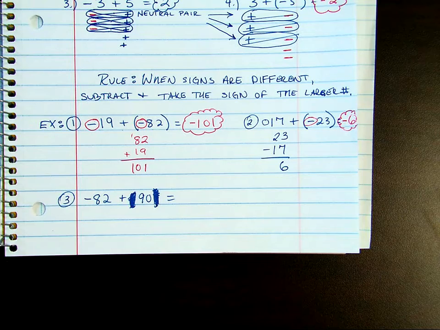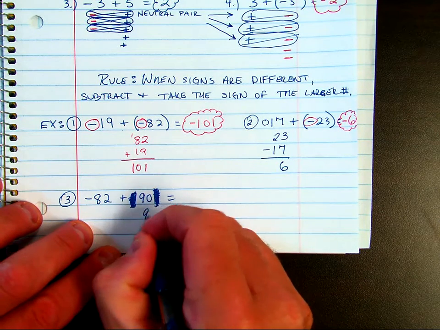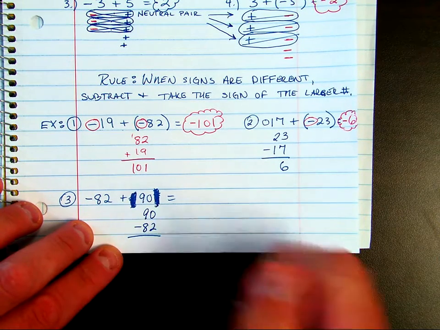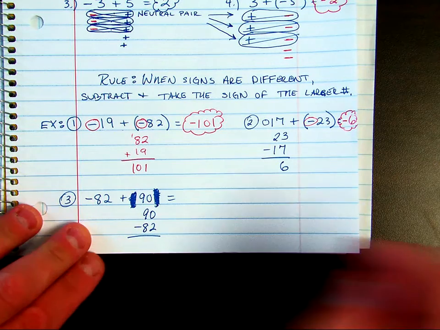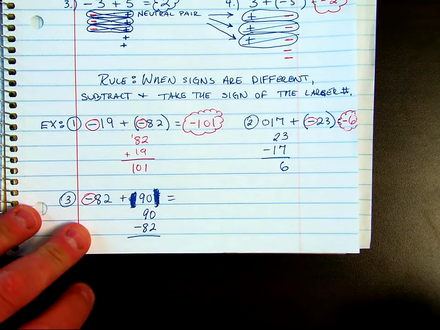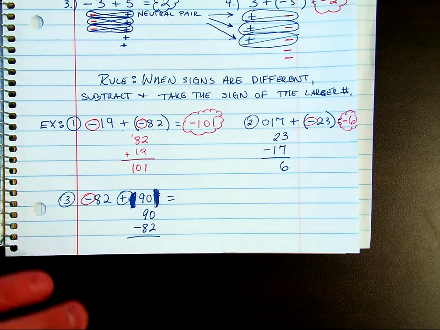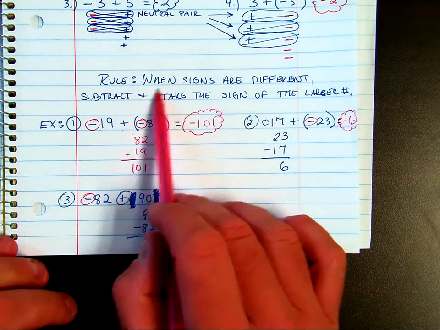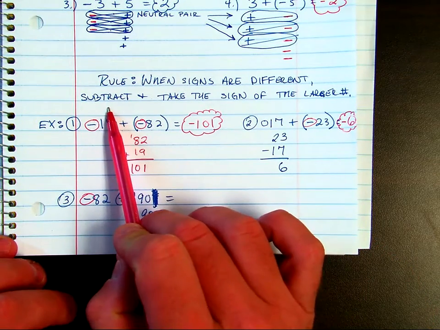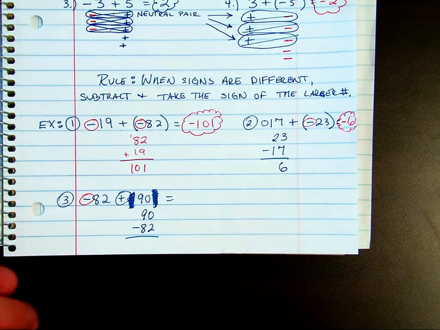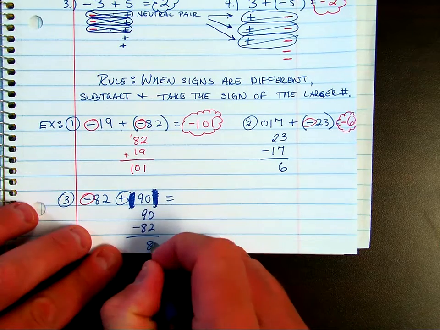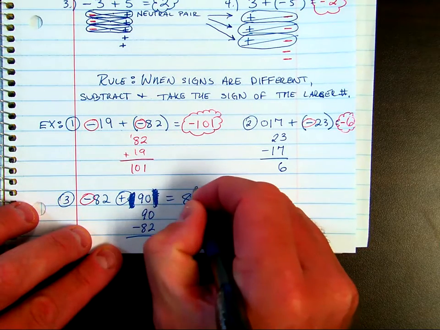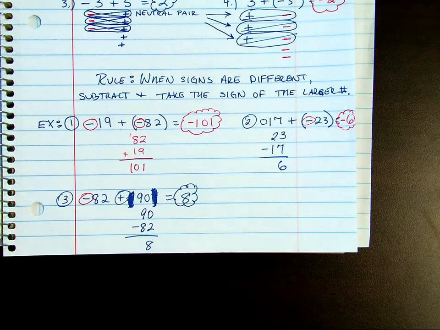Why are we going to subtract them? Right, I have a negative here, and then this 90 is positive. The signs are different. It says right here, when signs are different, subtract. And 90 minus 82 is 8. And our answer is going to be positive because we have more positives than negatives.